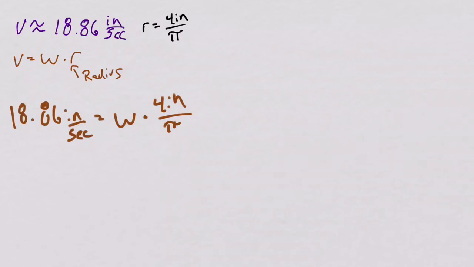Now, we go ahead and divide both sides by 4 inches divided by pi. It's going to look a little ugly, so I'm just going to multiply the unit by the reciprocal. So if I have an inch, I'm going to do 1 over inch. This is the radius, and 1 radius equals 1 radian. So we're going to convert everything over to our angular velocity.